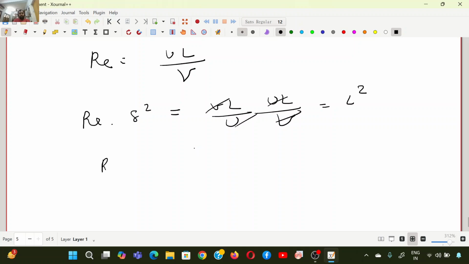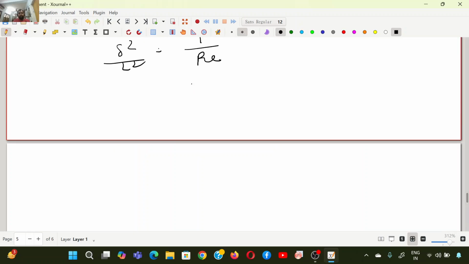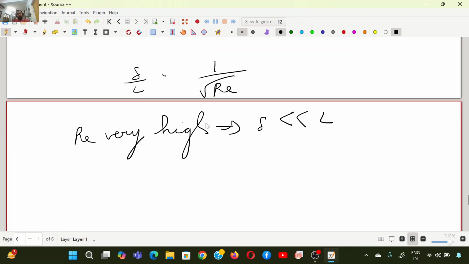So Reynolds number into delta square is equal to L square, or delta square by L square is equal to 1 by Reynolds number. It implies that delta by L goes as 1 by root over Reynolds number. So if Reynolds number is very high, it means that delta is much smaller than L.